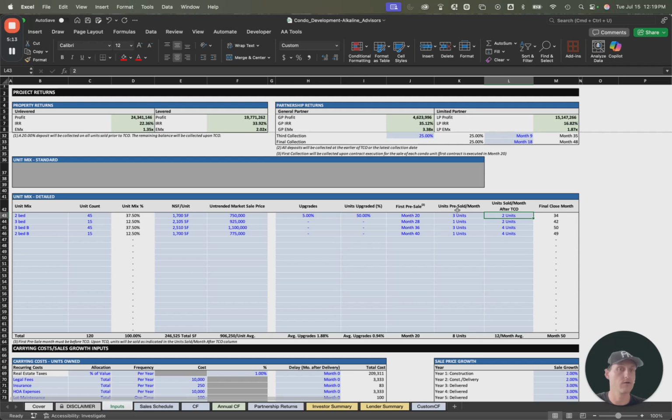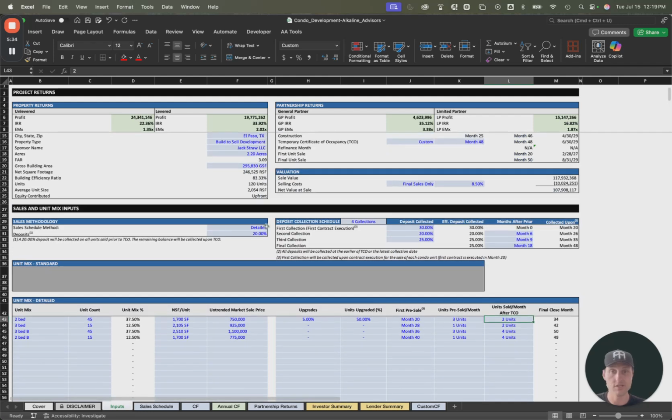So here we're going to say first units are pre-sold in month 20. We're selling 3 units per month during pre-sale, and then after we hit TCO, we're going to be selling 2 units per month. So you can customize your sales schedule in a little more detail, but still it's going to be X units every month in sales.